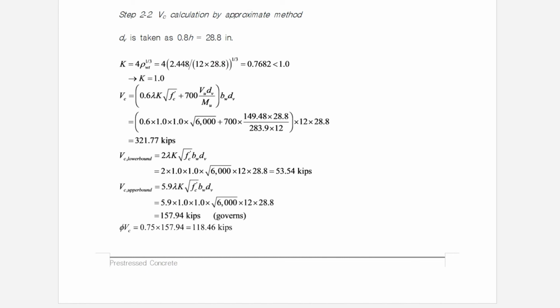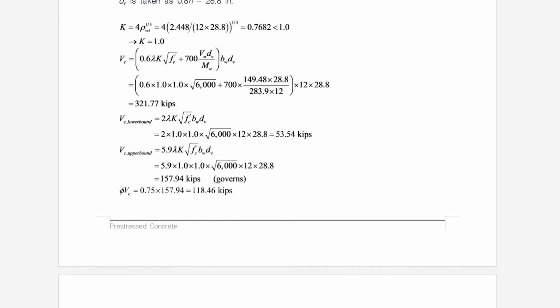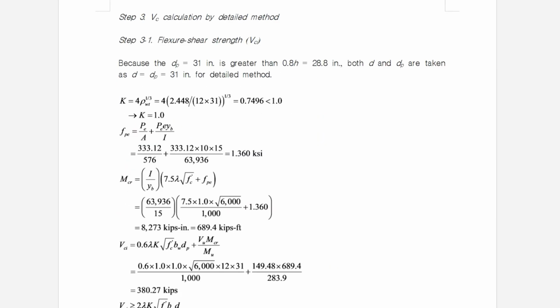Very easy: 321.77 kips. Lower bound, 53. Upper bound, 157.94. So the upper bound value, 157.94 kips, governs. With the strength reduction factor, it's 118.46 kips.